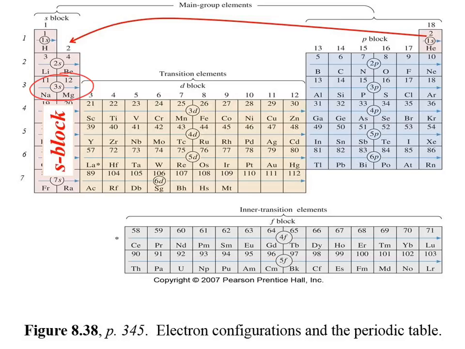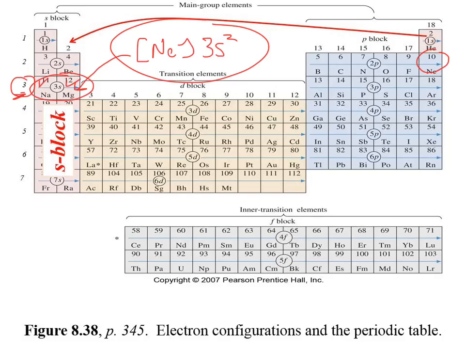So I know right away that if I wanted to say how the 12 electrons around a magnesium atom are configured, I could go to the rare gas in the period before it, neon. I could write that down, and then beyond neon, I could say there are 2 electrons, because I'm skipping across the S block twice, specifically 3s, and there are 2 electrons like that. That's actually magnesium. Okay, so that's how that works.